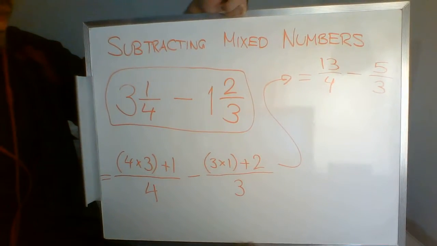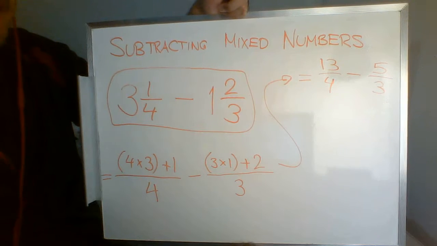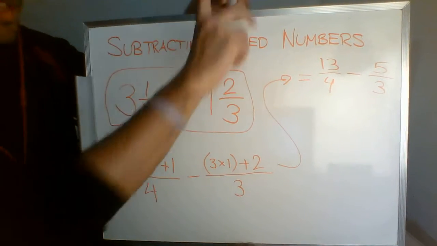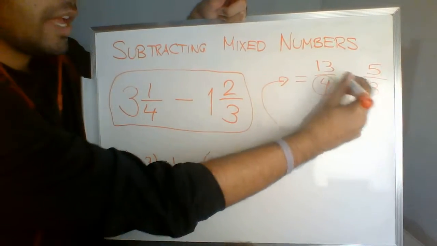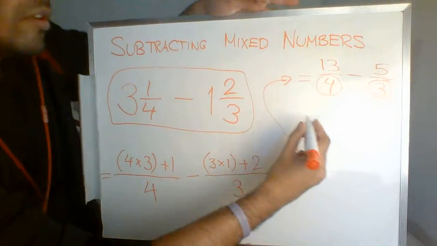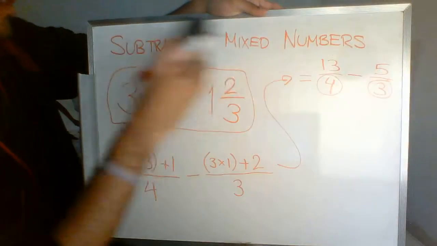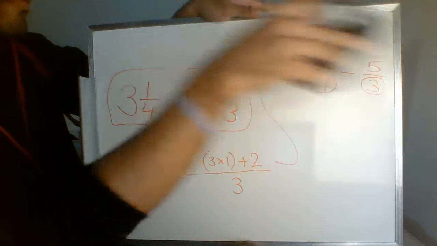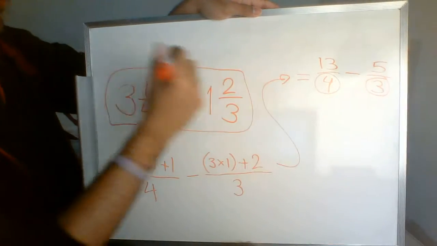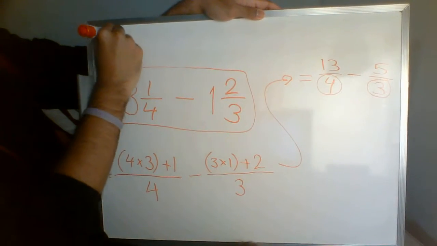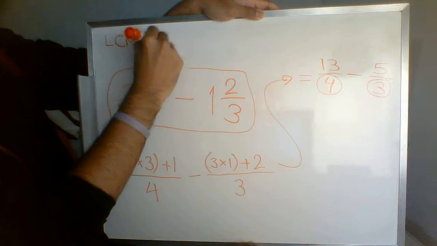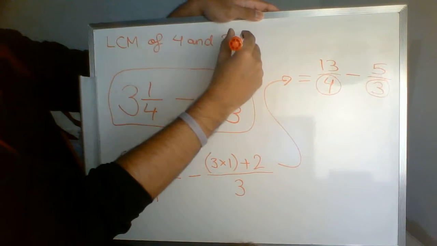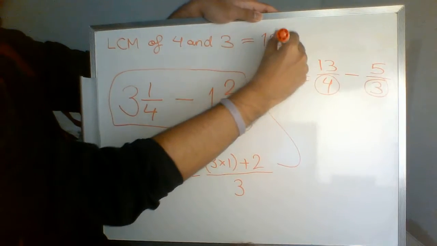So now our next step is to get a common denominator between this 4 and this 3 over here, right? Let me get rid of the title just because I need the space. If we want a common denominator between that 4 and that 3, that's going to be the LCM of 4 and 3, which is 12.